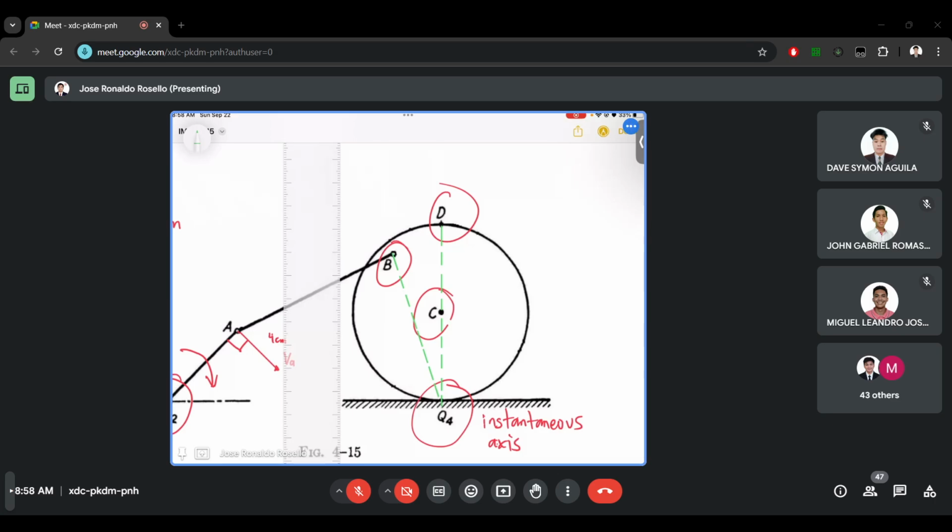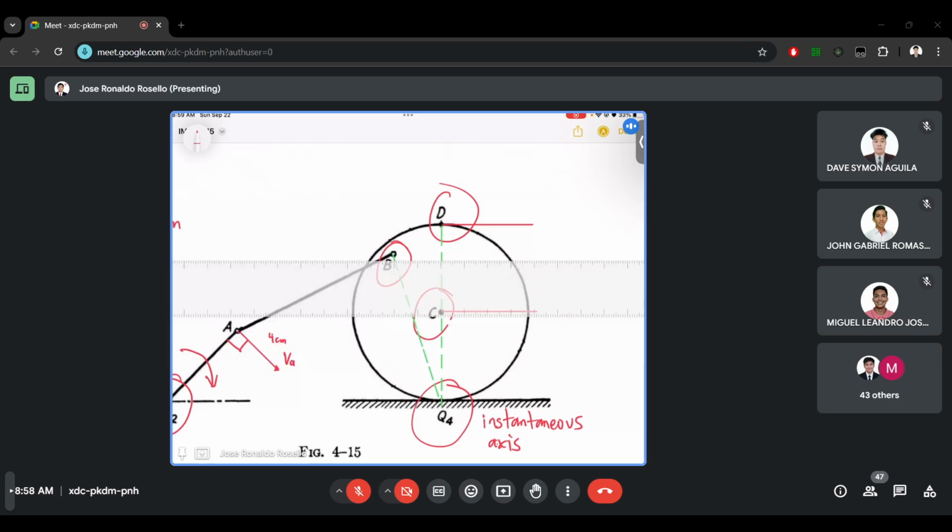So now, let's make B, C, and D. The directions of the velocities of B, C, and D should be perpendicular to these reference lines. And we know that the direction of D is going to the right because the movement of our crank is clockwise. We know that C is also going to the right.